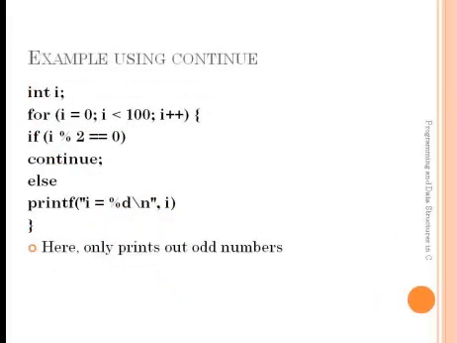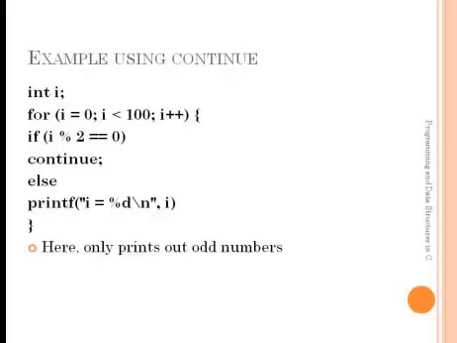Consider one example on continue statement. Here I is declared as an integer type variable. Whenever the control reaches this statement, first it initializes the control variable I, that is I equals to 0. After that it will check the condition I less than 100. This condition is true, so it will evaluate the for loop statements.